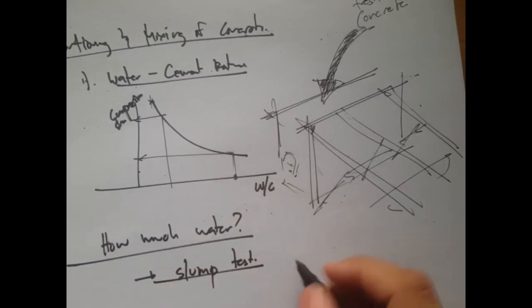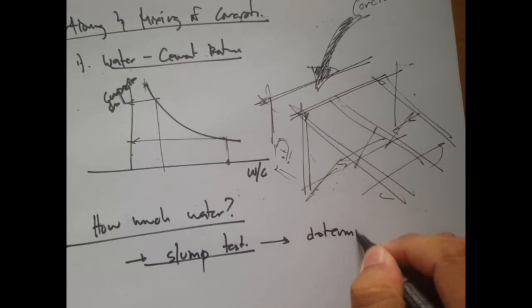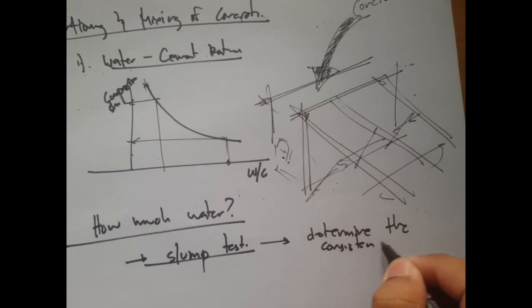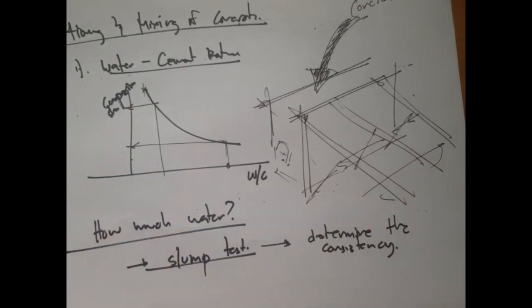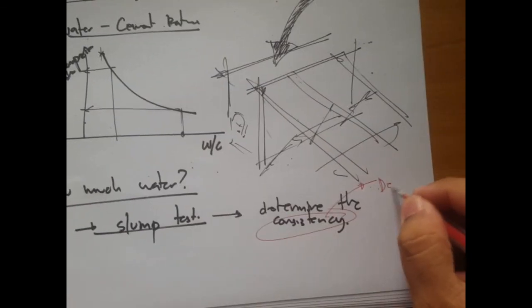Basically, the slump test is to determine the consistency. When we say consistency, it means the degree of wetness.